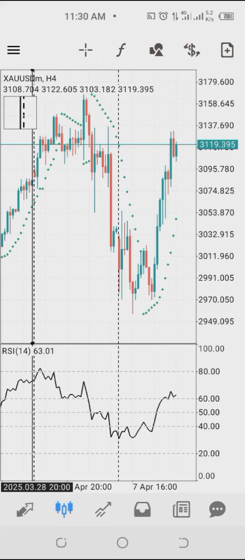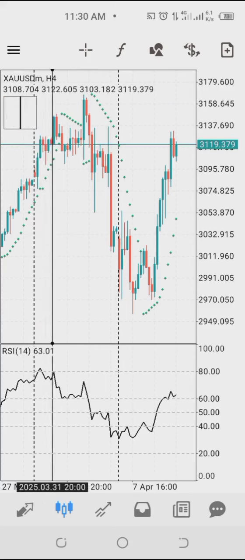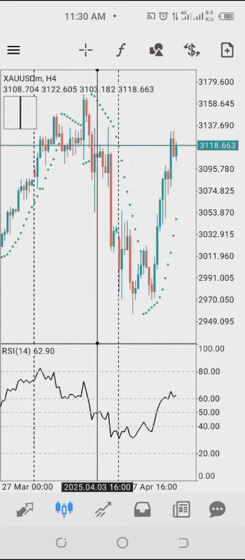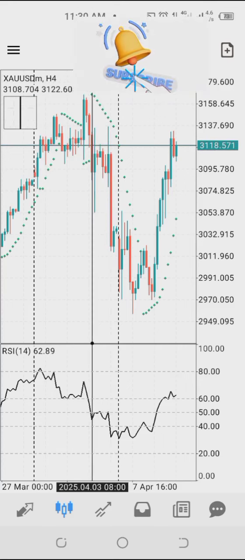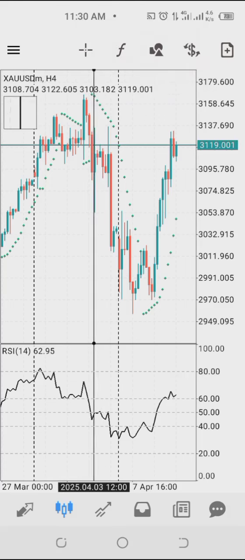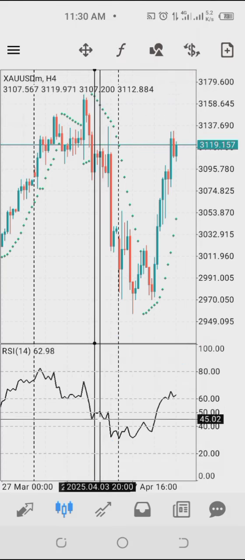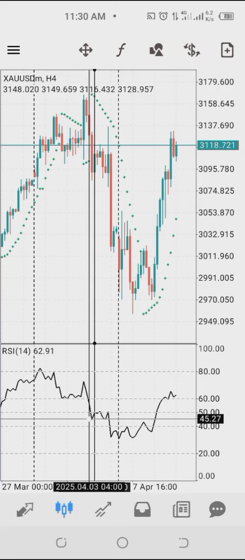When the parabolic SAR is rising, printing from the bottom, then you know it's on a buy run. To pick my setup, I'll ensure that the parabolic SAR is dropping, and then I'll wait for the RSI to drop below the 50 level.